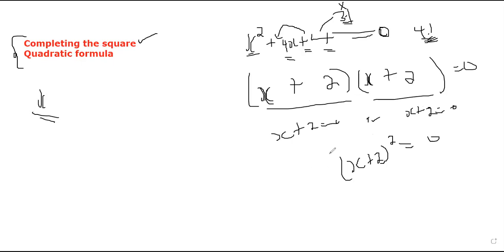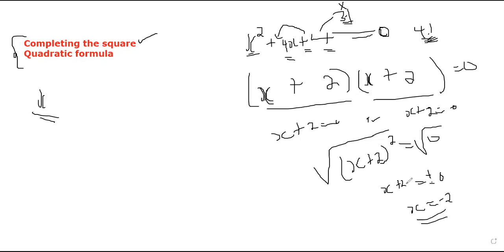Then from there, they would put the square root on both sides, and we know that the square root of 0 is 0, and the square root of this one, we just remove the square, we'll be left with x plus 2, right? But remember that this will be plus minus, but plus minus 0 doesn't make any difference, so this would be x is equal to -2 either way, right?